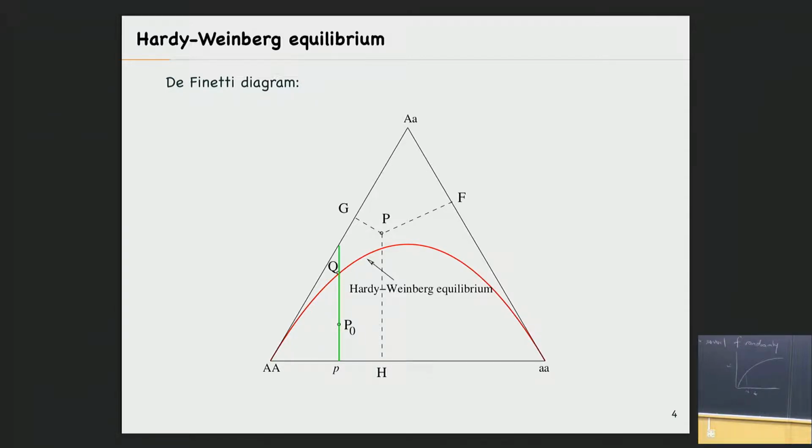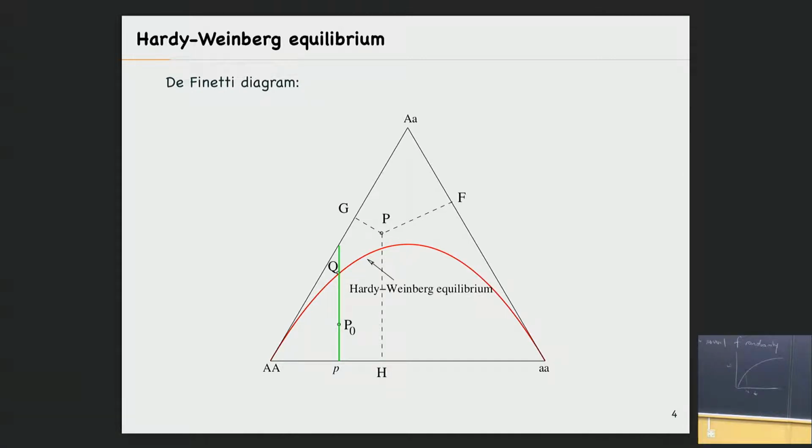The idea is that any point in this triangle describes the composition in genotype of a given population. Let's put it this way: imagine that you put a weight on each vertex, which is proportional to the fraction of individuals with that genotype.